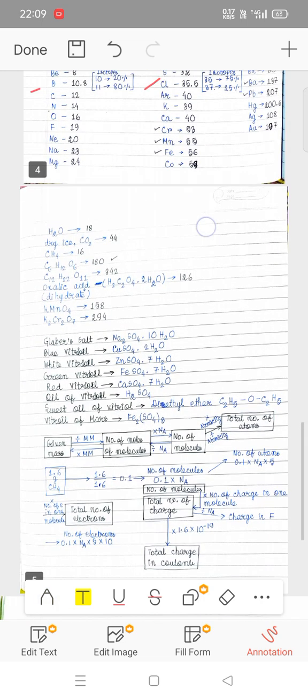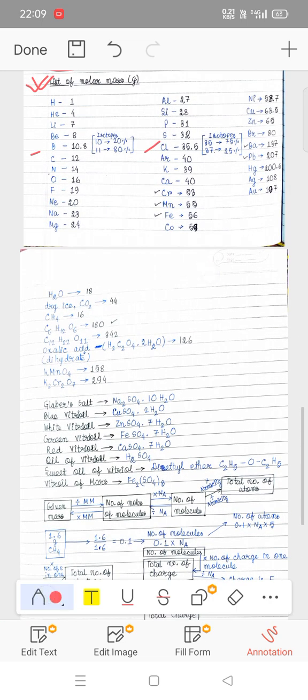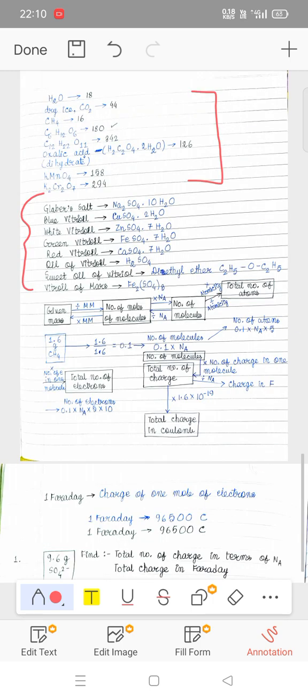These are also very important. Okay, this also should be learned by heart. Next are these salts formulas, this also should be learned by heart. Okay, next this diagrammatic representation. This diagrammatic representation is very important.